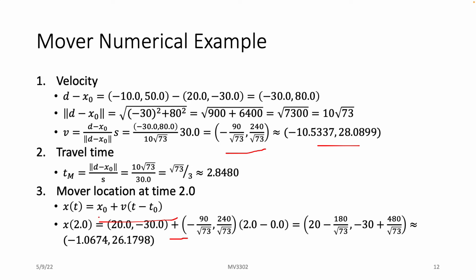Remember, the state consists of these three quantities, two of which are vectors, so it would be a total of five values. Knowing those five values, we can compute where the thing is at any given point in time.